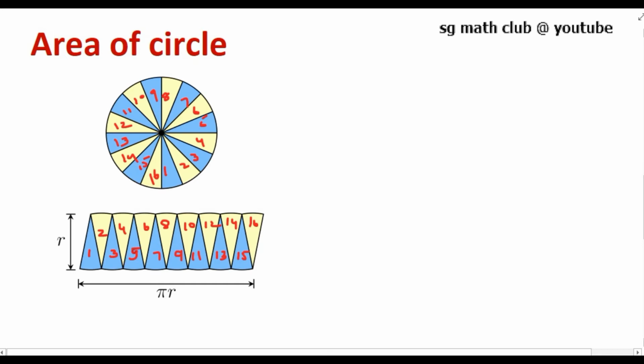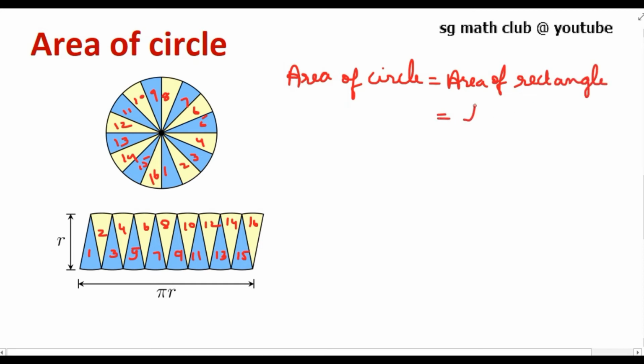Now we can see that the area of the circle is the same as the area of the rectangle given below. So area of circle equals area of rectangle, and the formula for area of rectangle is length into breadth. Here length is pi r. Why is it pi r?